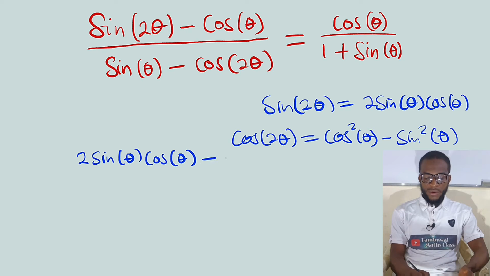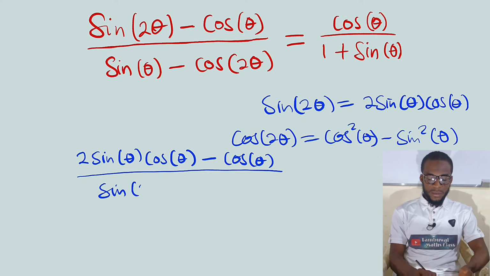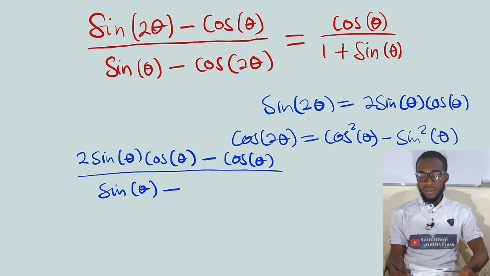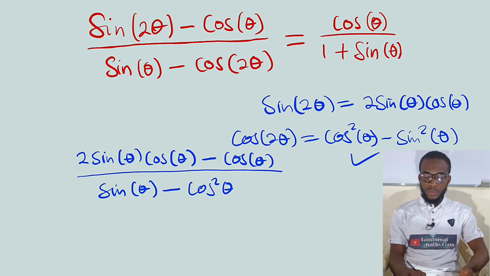Then we have minus cos theta. The whole of this divided by, we have sine theta. Then minus, this minus is going to affect these two terms. So we have minus cos squared theta. The minus will turn this to positive sign. We have sine squared theta.